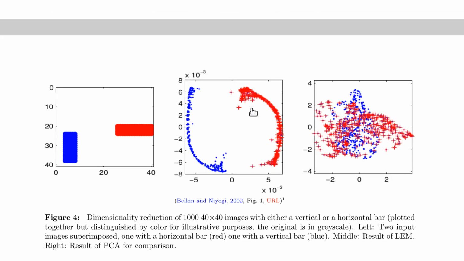It would be interesting to see a plot in 3 dimensions, because then you would expect that this looks like a 2-dimensional plane, because the bar varies in this 2-dimensional plane. This would probably be reflected if you would take the next eigenvector. To be precise, here we use the second and the third eigenvector, because the first one is the 1, 1, 1, 1 eigenvector. If you do PCA instead, it's not very conclusive. These 2 distributions would mix with each other.